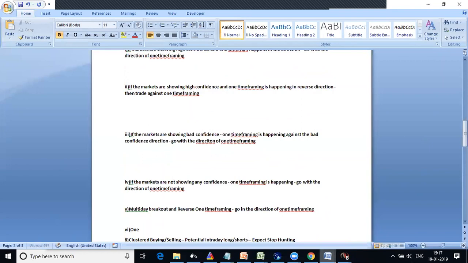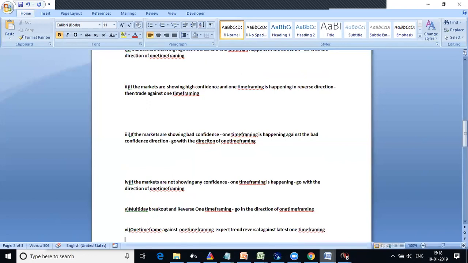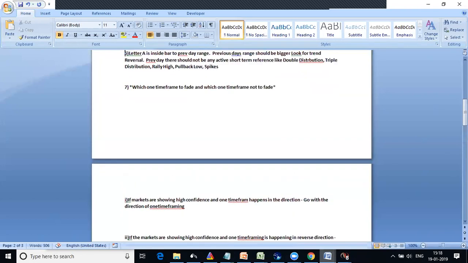That's a special scenario, one time framing against one time framing. Okay, so there are 6 setups over here. So which one time frame to fade and which one time frame not to fade, that's what we're going to discuss.